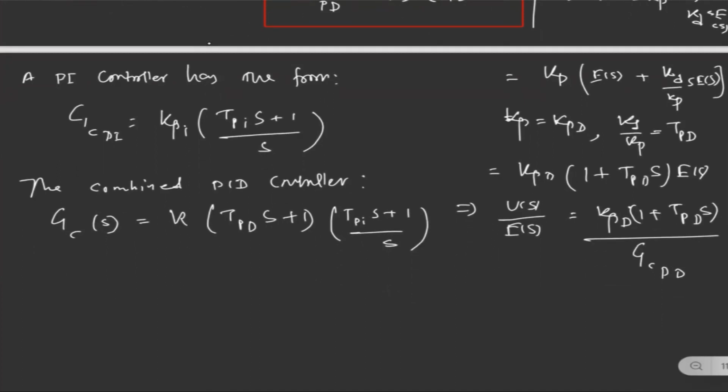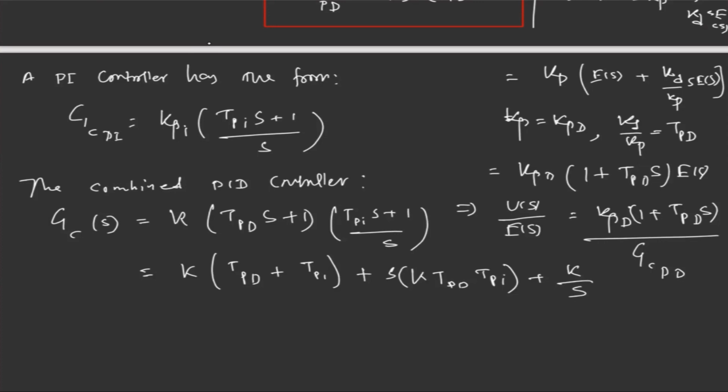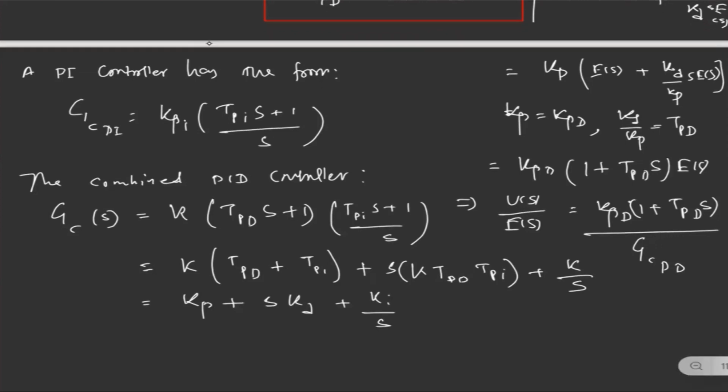And from this, we can write K into TPD plus TPI, plus S into TPD TPI, plus 1 over S. And if we further simplify, we can write KP plus S KD plus KI over S. This is basically the structure of PID control.